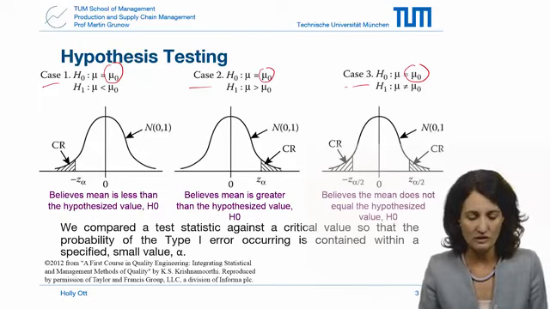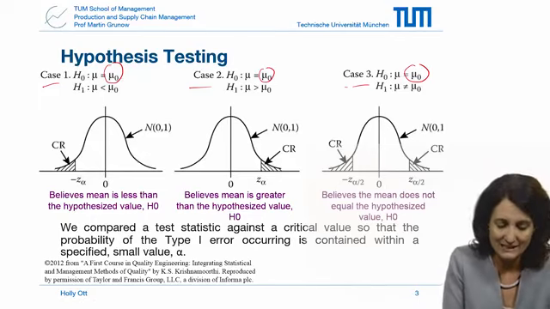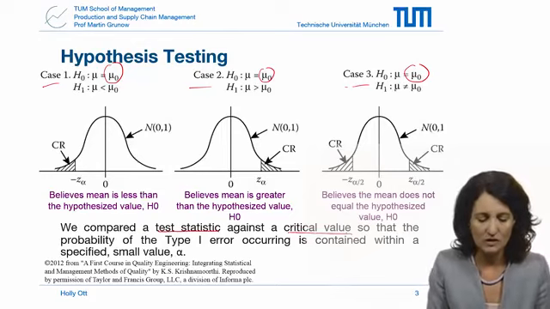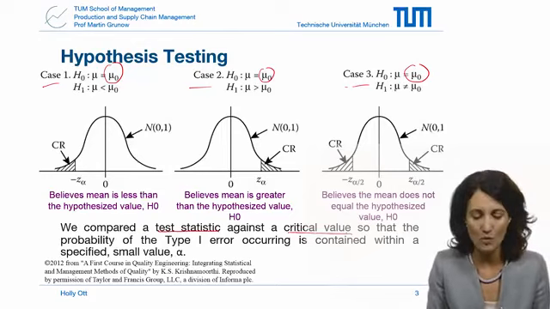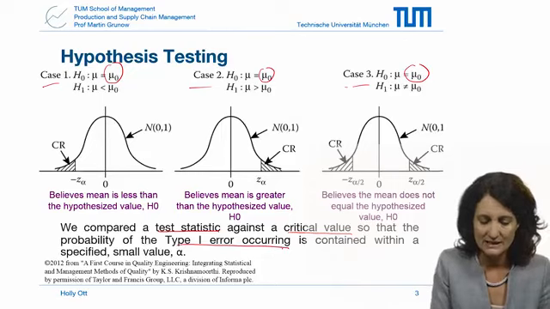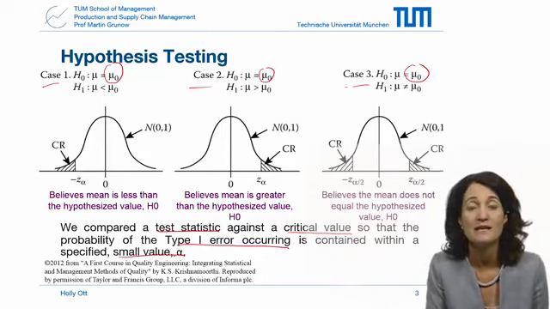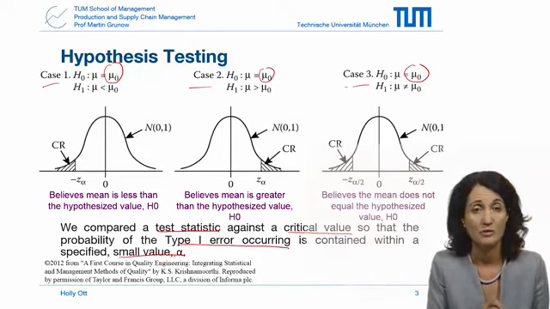Again, what we did was we compared a test statistic against a critical value, so that the probability of our type 1 error occurring is contained within a specific small value alpha, which we define. And remember, type 1 error would mean that we would reject the null hypothesis wrongly.